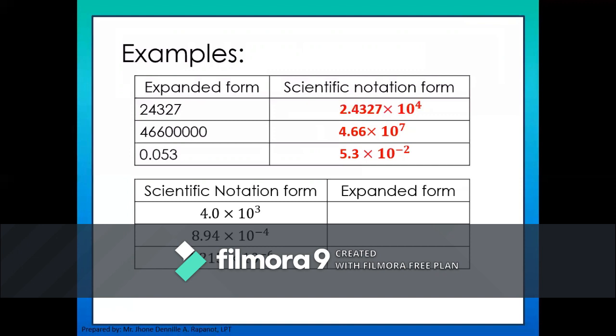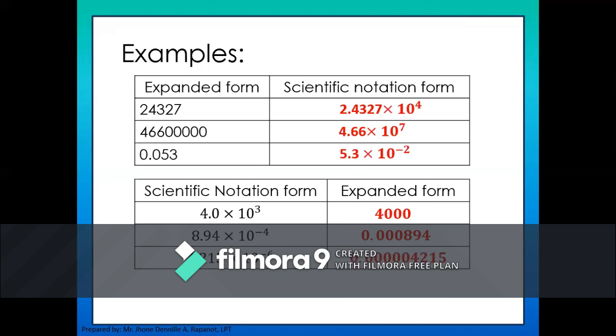After solving this given, we have answers 4,000. That is still considered to be a very large number. Now for number 2, we have 0.000897. That is a very small number because that is negative.